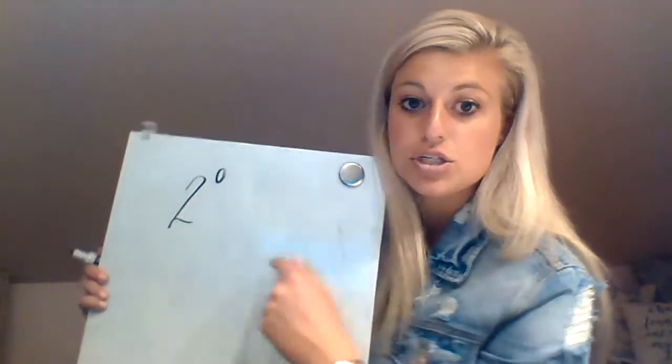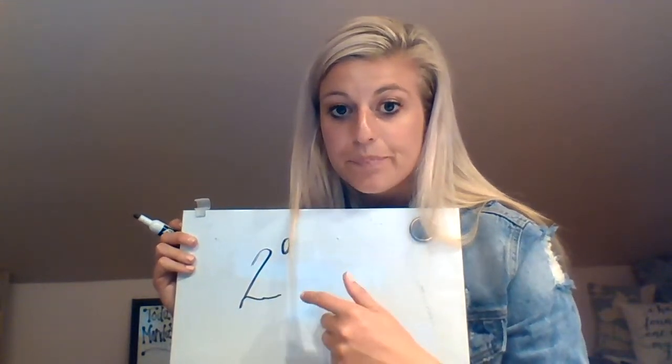So if that is the smallest, 2 degrees, and I want to get to 180 degrees, what could I do with 180 and 2 to figure out the greatest obtuse angle that I would get? Subtract. Okay, so let's work that out. Let's subtract 180 minus 2.